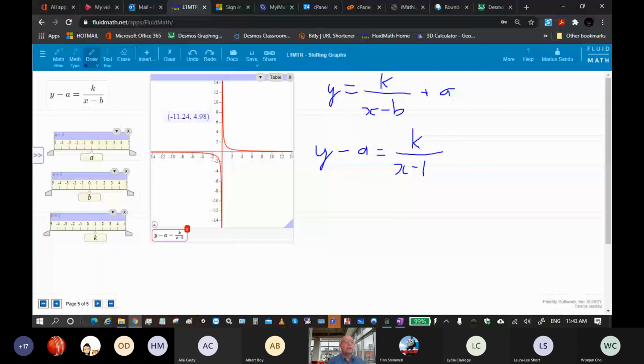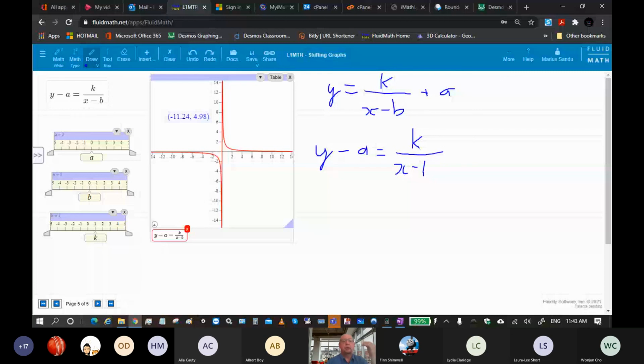Yeah, and it's the same thing. If I subtract something from the y, I move up. See how the parabola moves up? If I subtract something from the x, the parabola moves right. Okay.